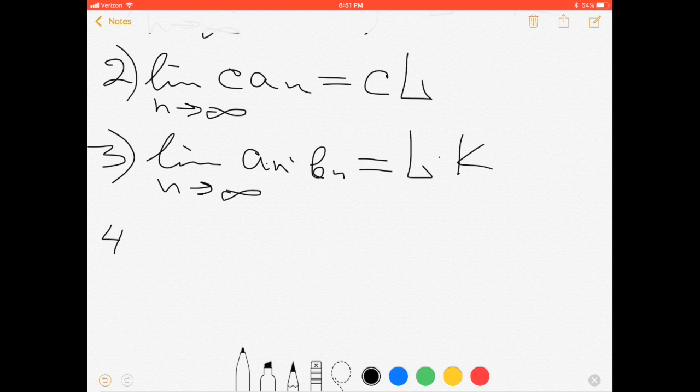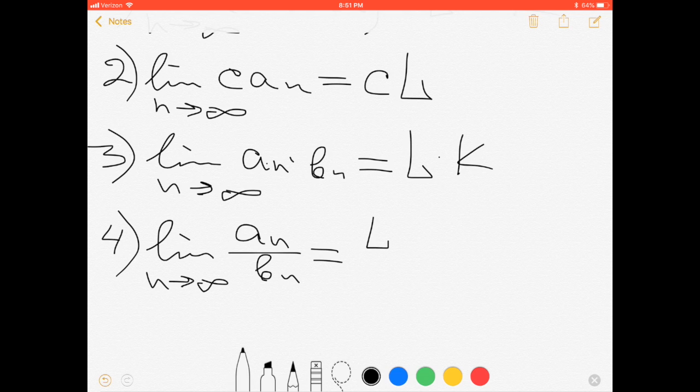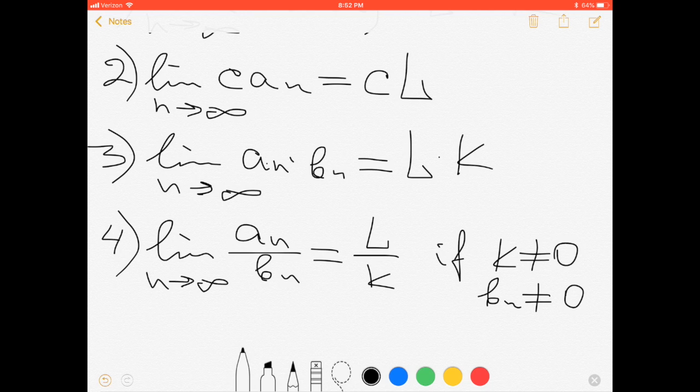And fourth, the limit of a_n over b_n will be L over K if K is non-zero and b_n is non-zero.